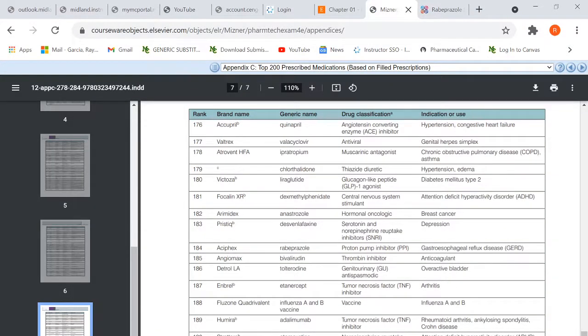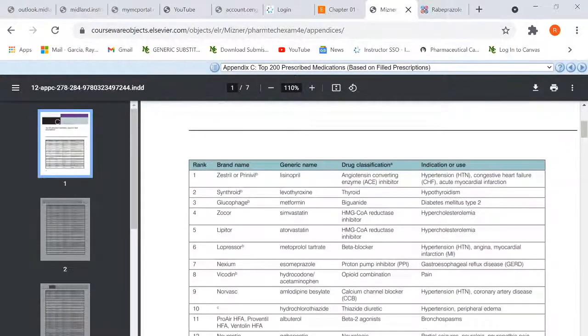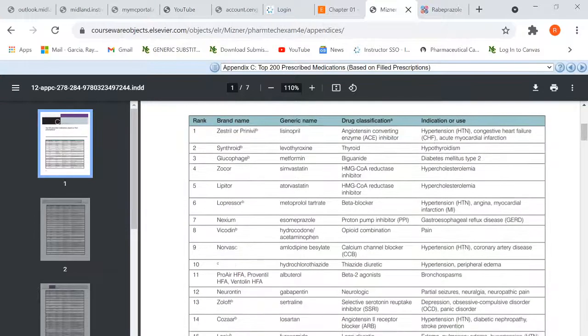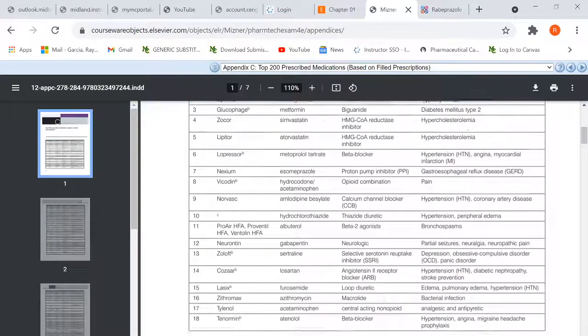One more. Let's see here. That says opioid combination. We'll skip that one. We'll do an opioid combination, just a combination of an opioid plus something else. I'm sure we'll have more of those, not so many within the top 100 to 200, I wouldn't think.